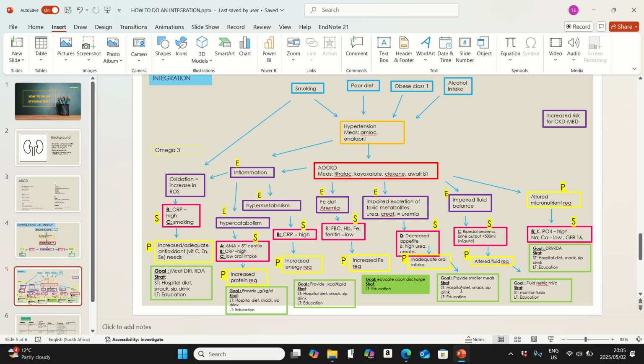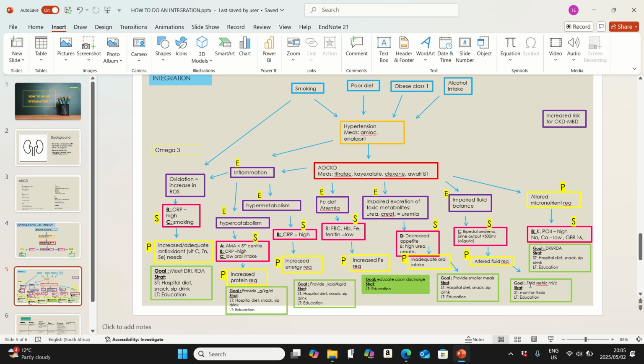Okay, and then your strategies again, your short-term strategies in hospital as well as at home, once he's recovering completely. Okay, and then the next one is the impaired fluid balance. We did note that our patient had bipedal edema and he was oliguric, so a urine output of less than 500 mL. The problem is going to be the altered fluid requirements.